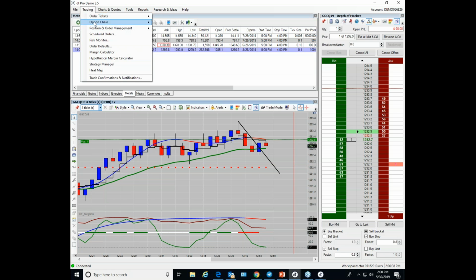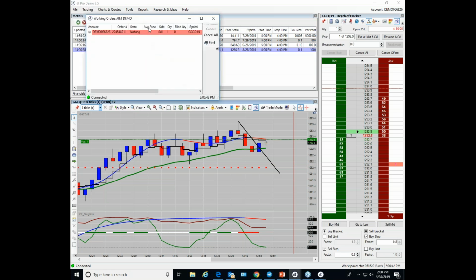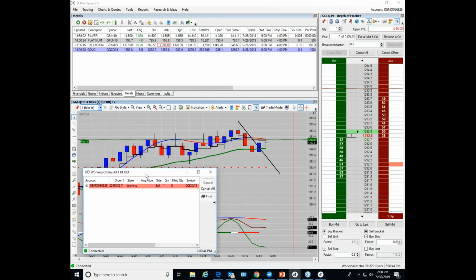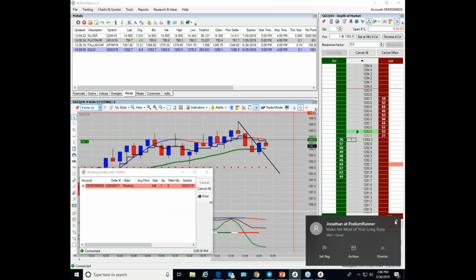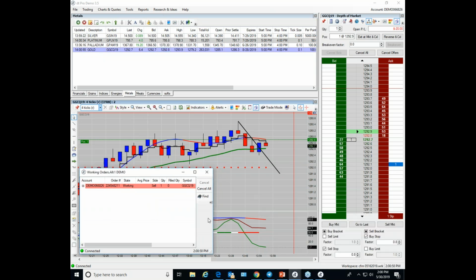Hit trading, positions and order management, and working orders. This box should be somewhere accessible at least. Because this lets you know that there's an order still outstanding in your trading account. Notice the stop's 1292.10.